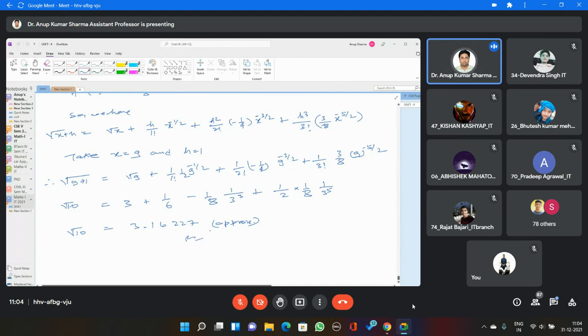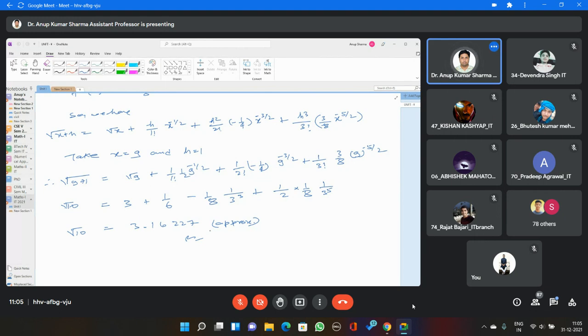In this manner, you have to evaluate such values. We are doing it for a small one. On a big problem, in that case we do not take x is equal to 10 directly to evaluate, because we need to expand about some point.